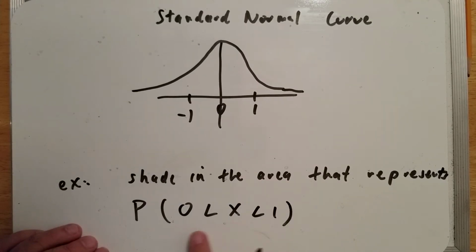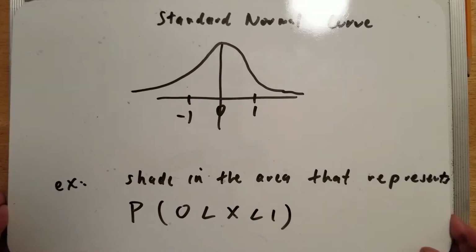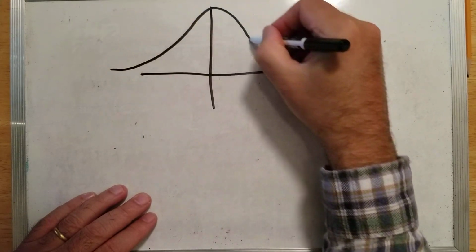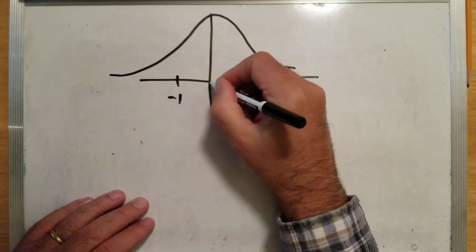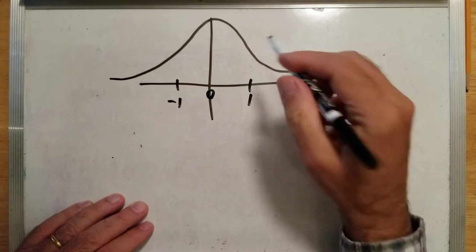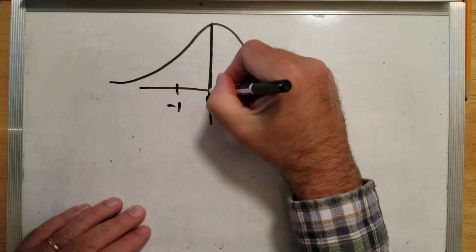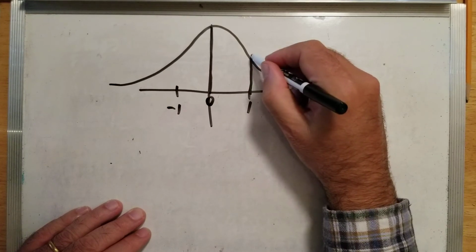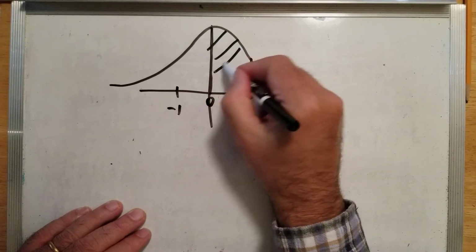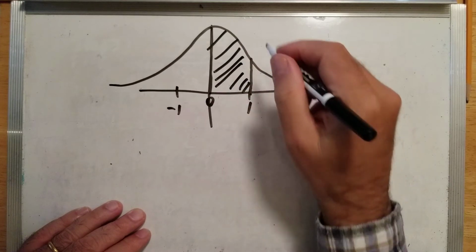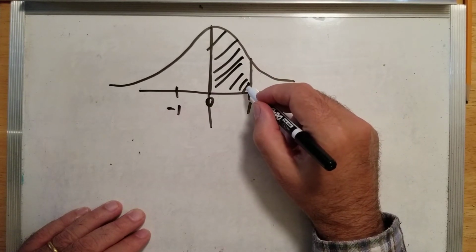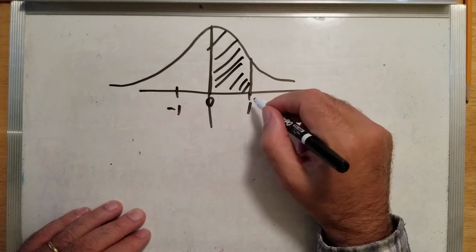So this variable x is between 0 and 1, and that area in the standard normal curve, if I draw a picture of the curve, here's -1, 0, 1. So if I draw a vertical line at 0, which is right on the y-axis, and a vertical line at 1 that goes up to the top of the graph, it's this area that I've shaded in that represents the probability that this random variable is between 0 and 1.